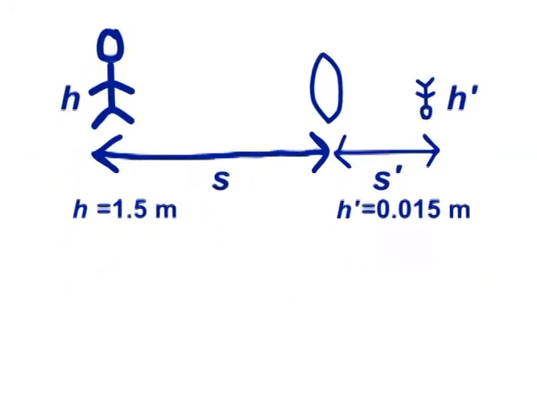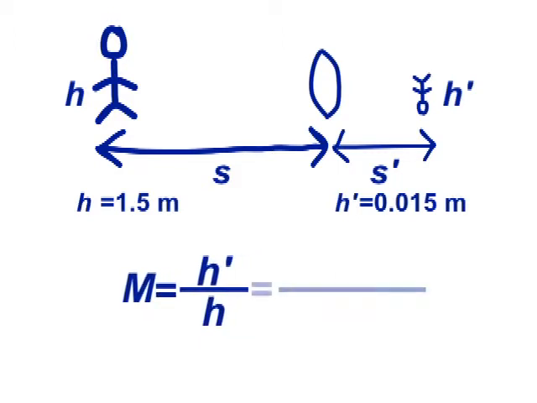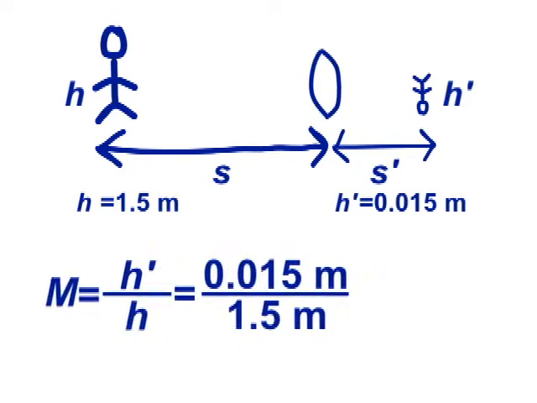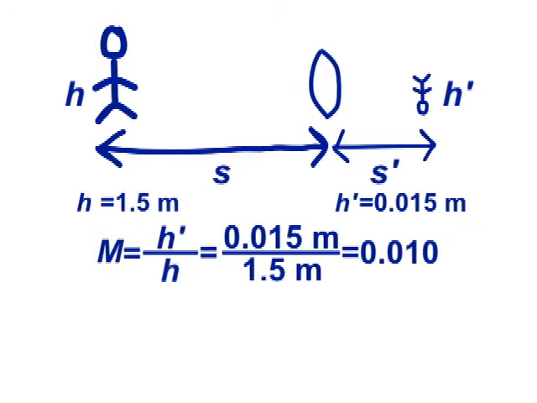And what I can use is not the 1 over f is equal to 1 over s plus 1 over s prime relationship. I'll use the magnification relationship. Magnification is equal to h prime divided by h. h prime divided by h is equal to 0.015 divided by 1.5, 0.010. That's my magnification. And what is h prime over h also equal to? s prime over s.